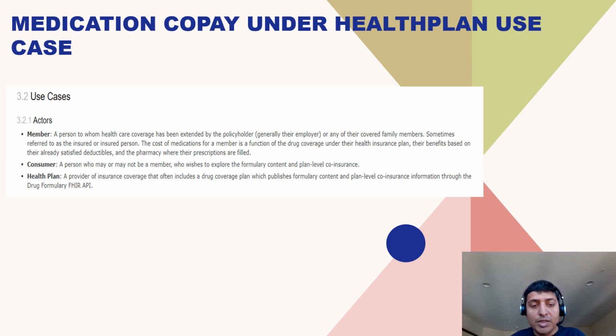Consumer, a person who may or may not be a member, who wishes to explore the formulary content and plan level coinsurance. Health plan, a provider of the insurance coverage that often includes a drug coverage plan, which publishes formulary content and plan level coinsurance information through the drug formulary FHIR API.